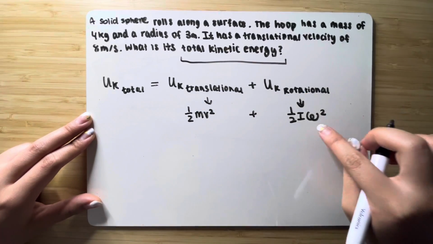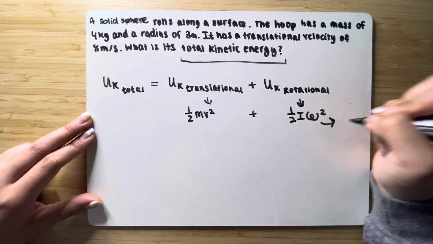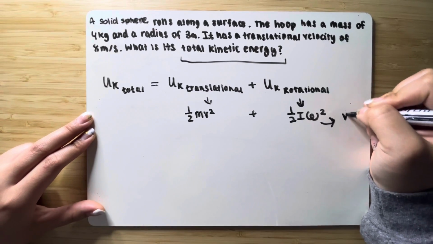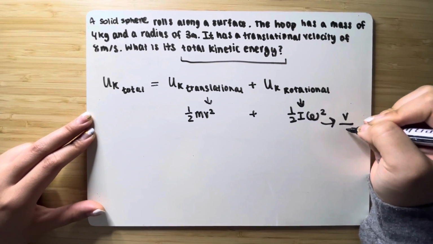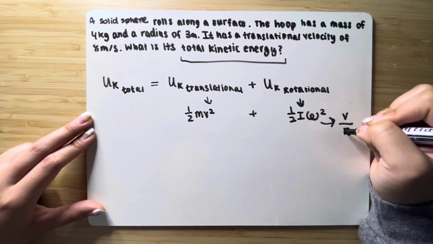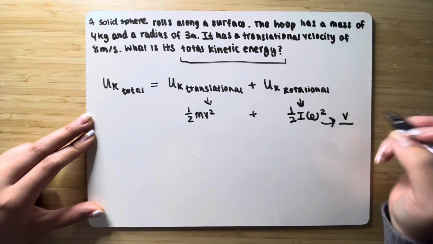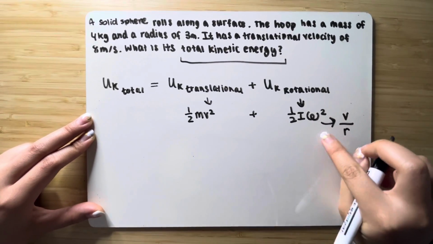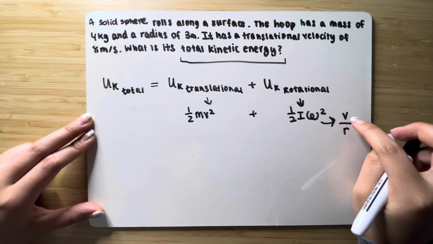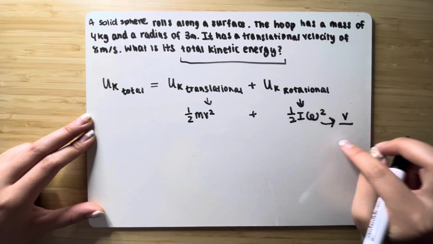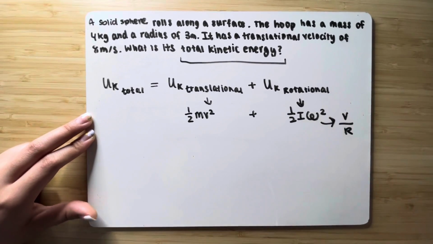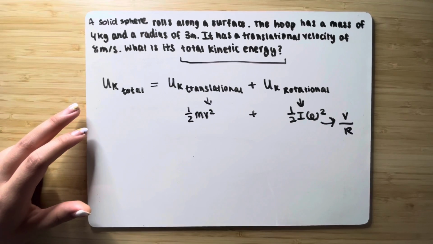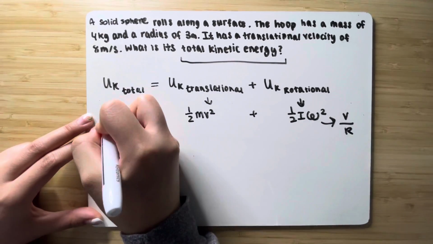Instead of velocity, we use angular velocity, which you can derive as omega is equal to v over r, which is the radius. But since this may look similar to this because of my chicken scratch handwriting, I'm just going to write capital R. Okay, UK total.